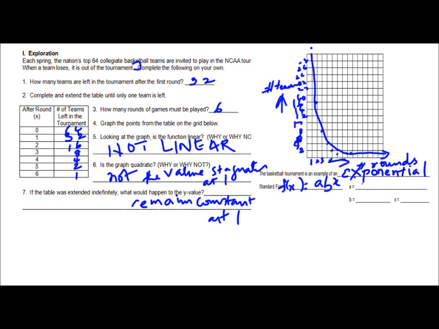So a is the initial amount. b is the growth or decay factor. And x is the number of trials, or number of rounds in this case. So this is a great introduction to the exponential function.